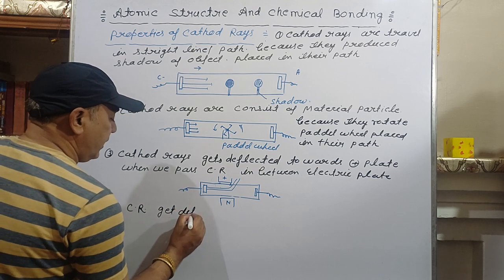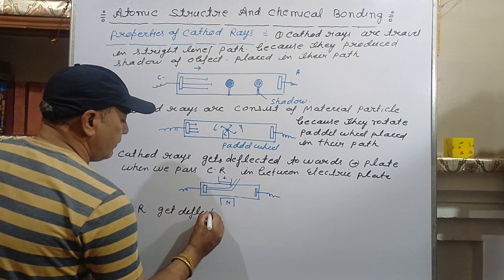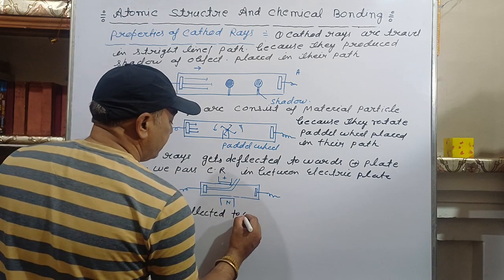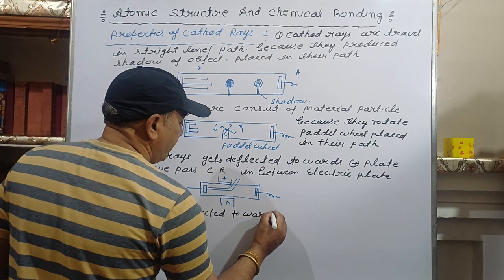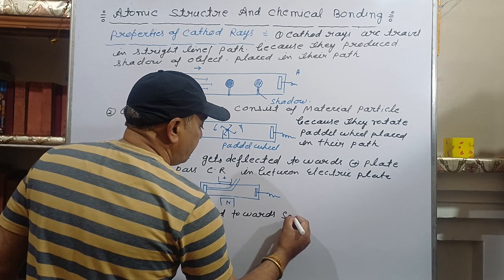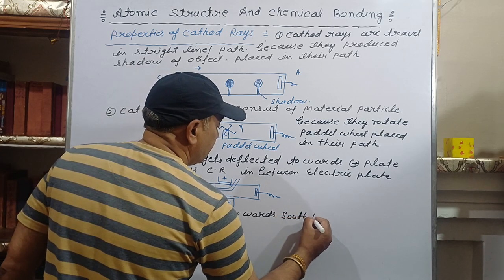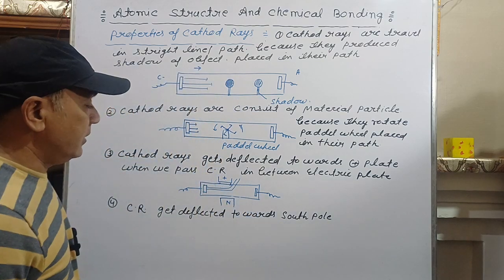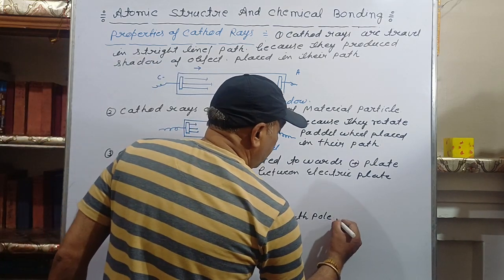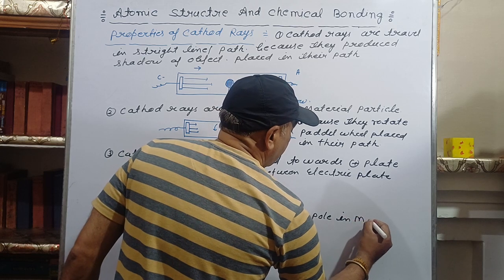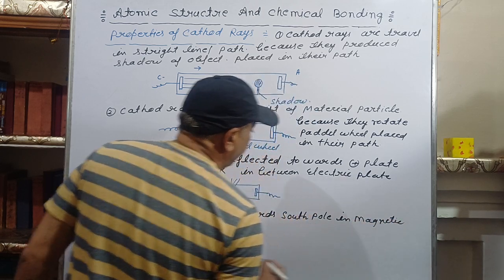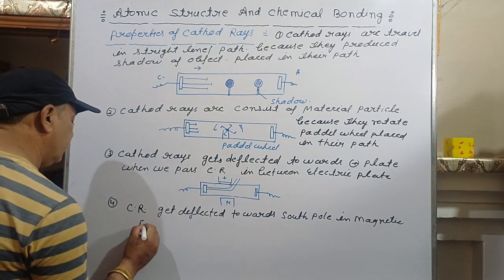Cathode rays get deflected towards the south pole in the presence of a magnetic field.